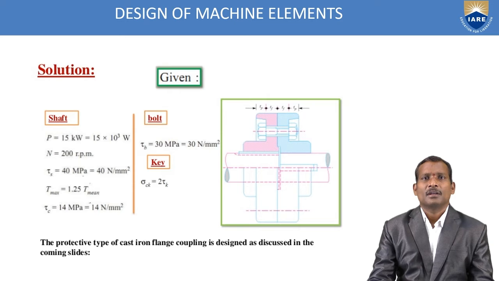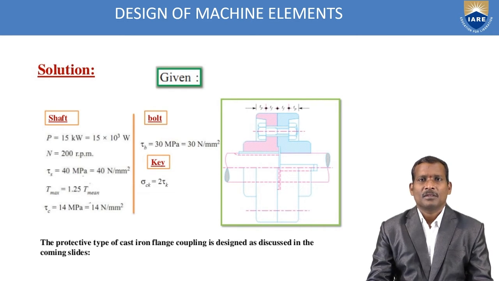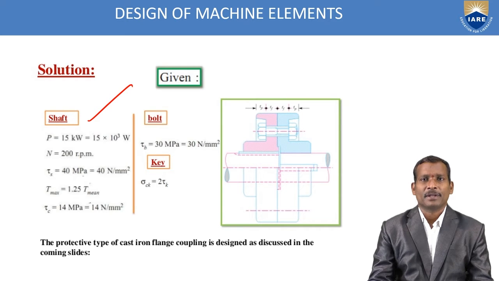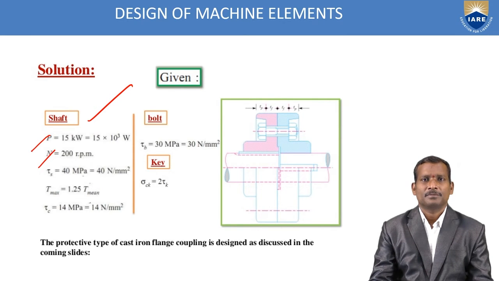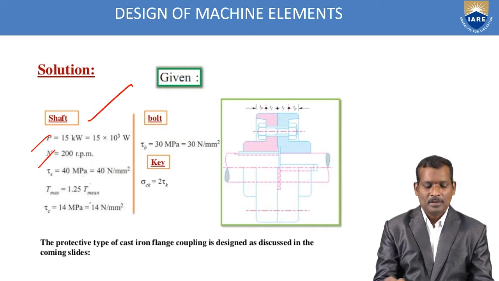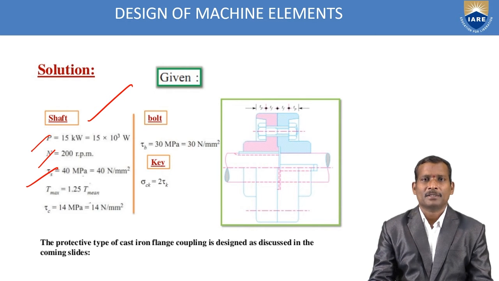Solution: first of all, the given data. What data is available? The given data separately for shaft, bolt and key. For the shaft, the power transmitted is 15 kilowatts, which you can convert into watts, the speed is 200 rpm, and the shear stress is 40 megapascal, that is 40 Newton per mm square.